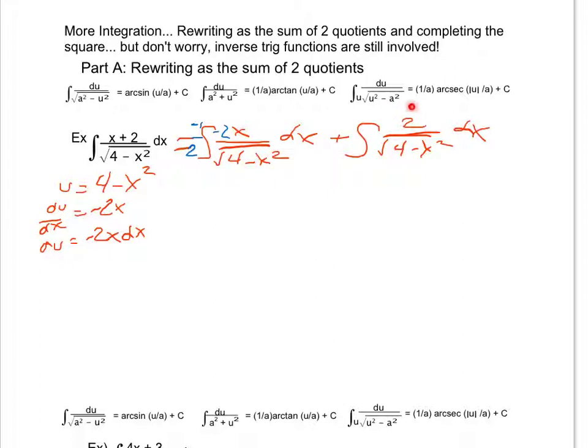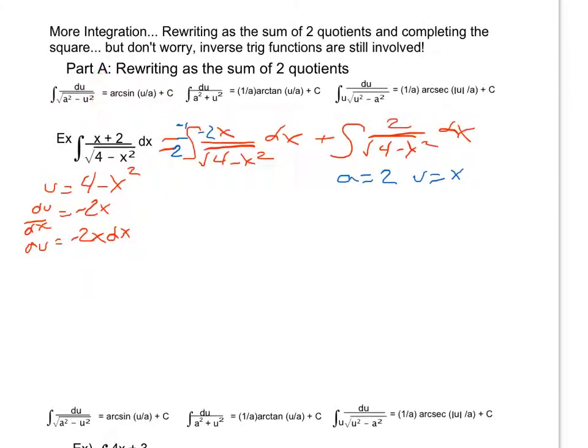Over on this one, I noticed that I could pull that 2 out front, and I could let a be 2, u be x, because once I pull that 2 out front, I'm looking a lot more like one of these trig functions. Specifically, I'm looking like arc sine of u. I'm looking like this one, which would integrate to be arc sine.